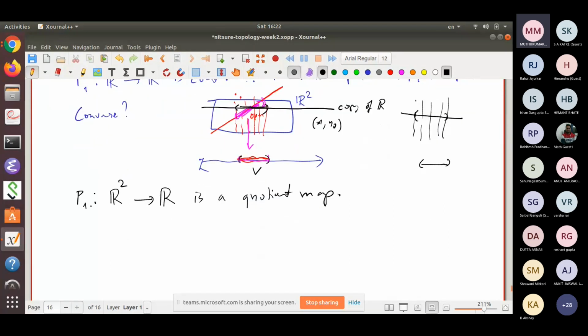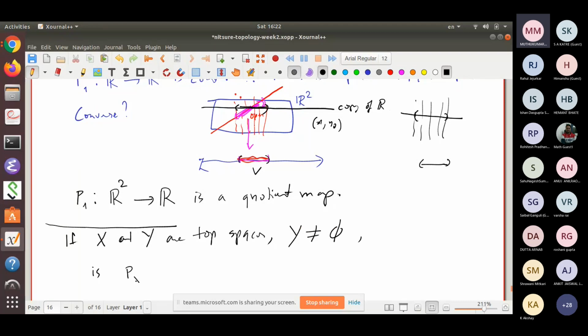So to check, my question is: if X and Y are topological spaces, and suppose that Y is not empty, is the projection from X cross Y to X a quotient map?